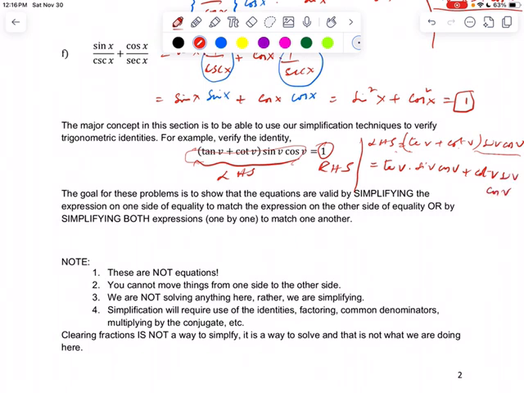Now there is tangent and cotangent, so I have to convert them into sine and cosine.